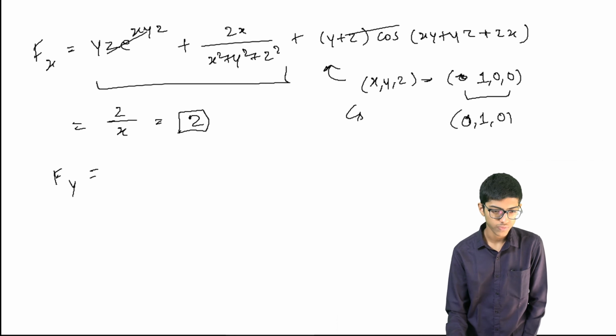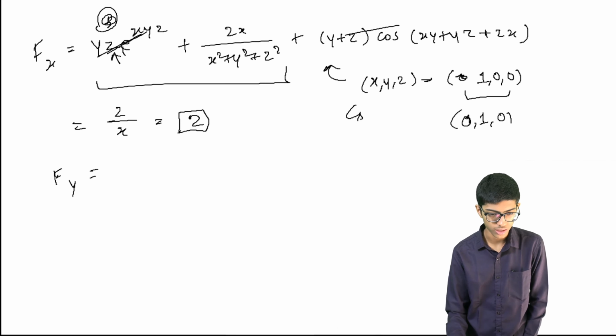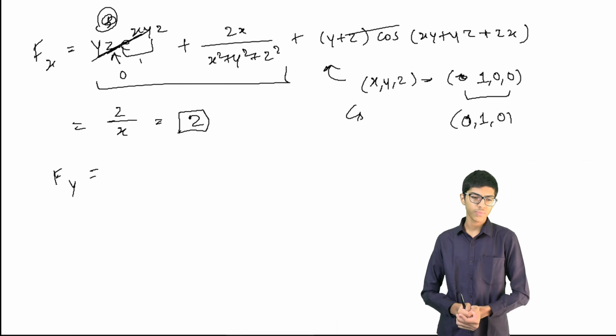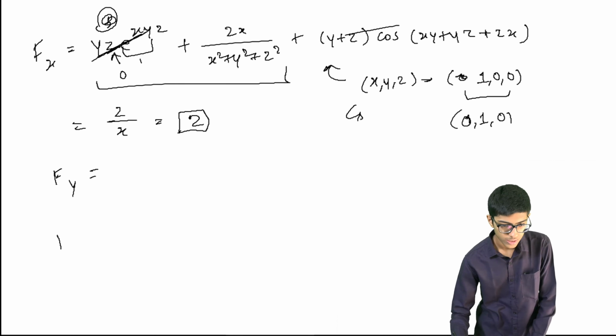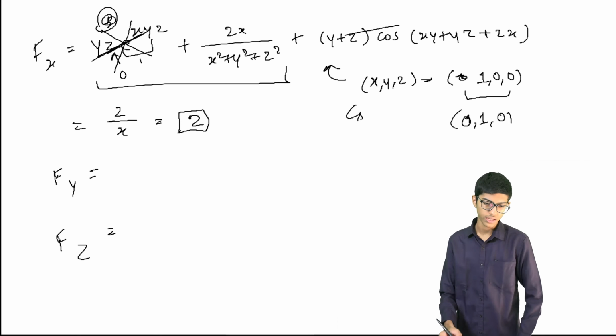So this part gives us 1, but since z is 0, this equates to 0 again, and this will equate to 0 again in f of z as well, so we can remove this part entirely.